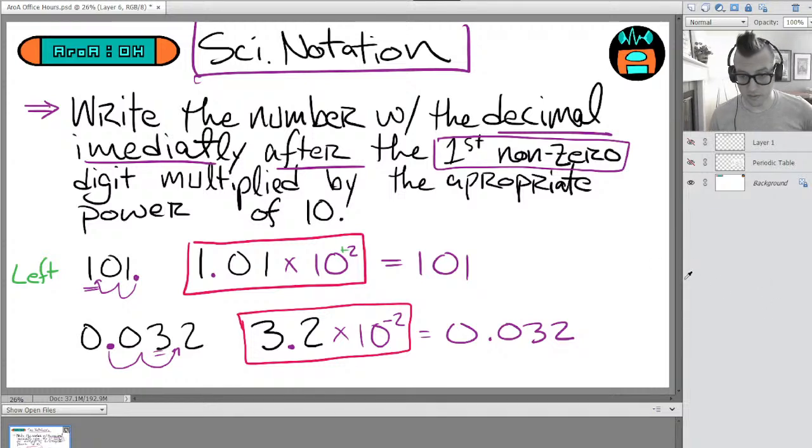If you look at our second example, when you move your decimal to the right, your power of 10 is a negative number. It's 10 to the negative 2. So that's something to keep in mind. If you're moving your decimal to the left, your power of 10 will be positive. If you move your decimal to the right, your power of 10 will be negative when you write the number in scientific notation.